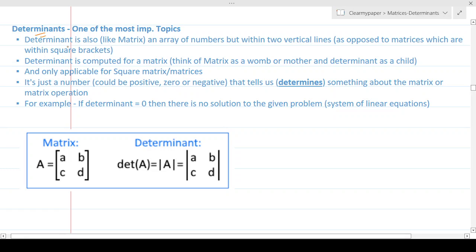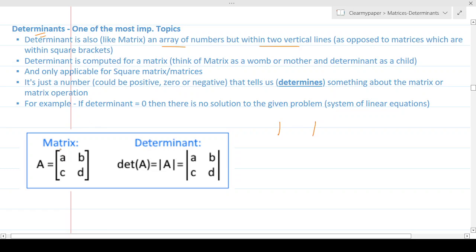So determinant in a simple format is almost like a matrix. It's an array of numbers, nothing much different than that. But the way it is represented is the array of numbers are put within two vertical lines. If you see here, simple two vertical lines, okay? Whereas matrices are boxed in square brackets.